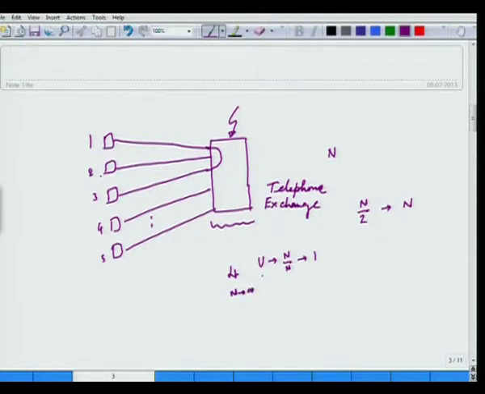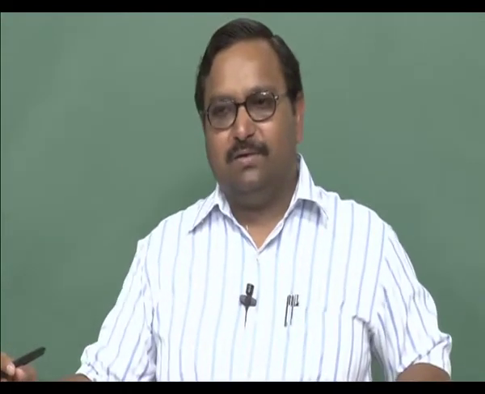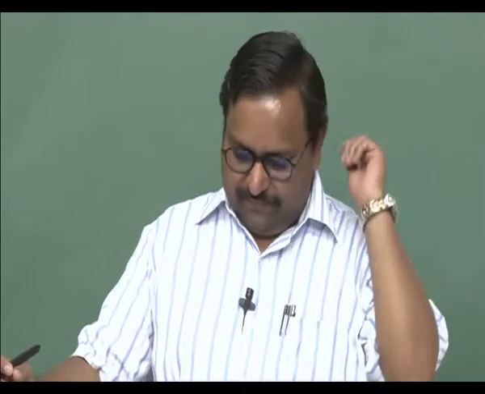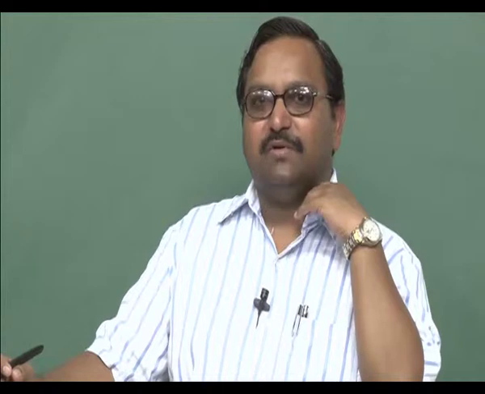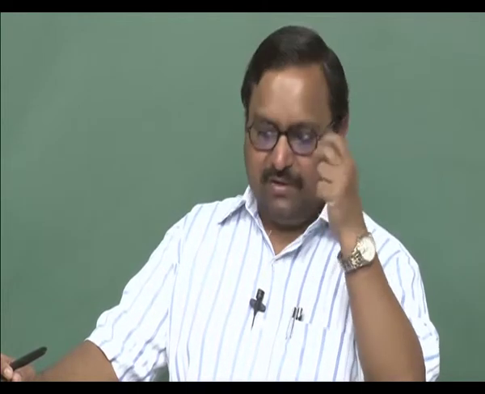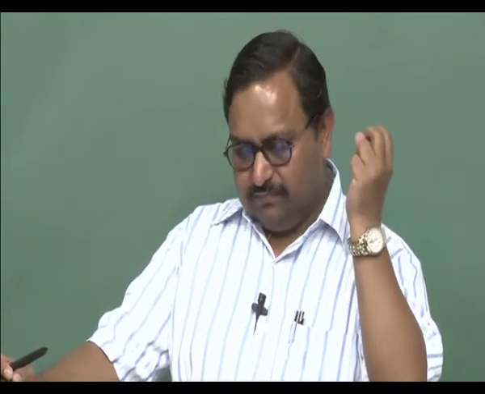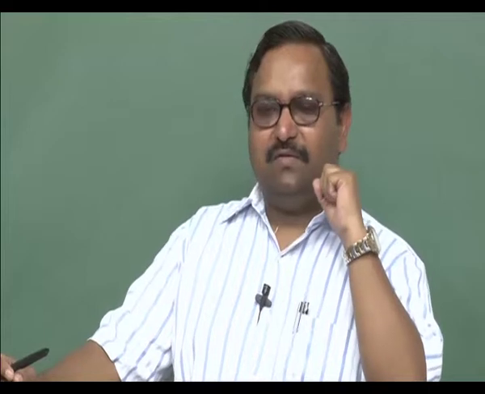For that matter, for whatever the value of n, it will always be 1 in the worst case scenario. So, utilization is not 0, it is independent of n. That is a very good thing. Once it is independent of n, my cost is going to be very, very low. Of course, the number of links is not n into n minus 1, which is O(n squared), but it is O(n) now. So, this system will work wonderfully well.